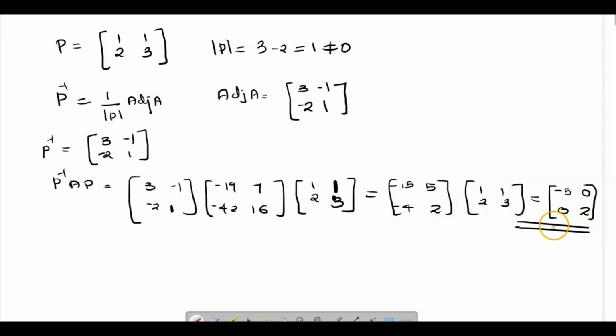So this is our diagonal matrix D. So P inverse AP is a diagonal matrix D. So we reduce the matrix A to diagonal form in which the diagonal entries are the eigenvalues of the matrix. Minus 5 and 2 are eigenvalues of A. So this is the diagonal form of the matrix A.